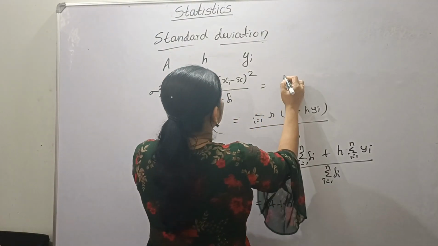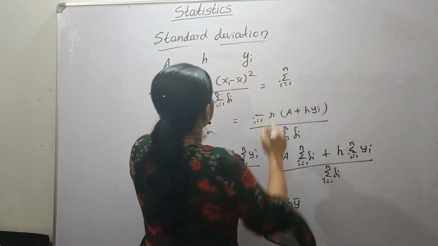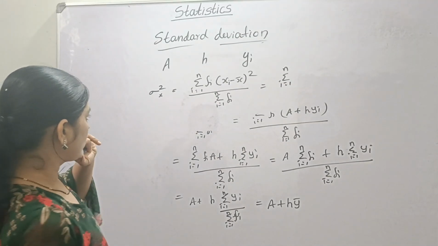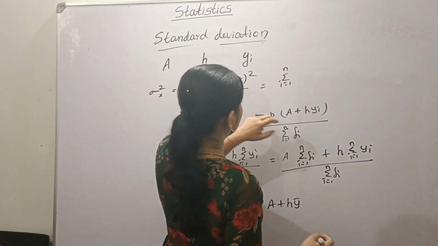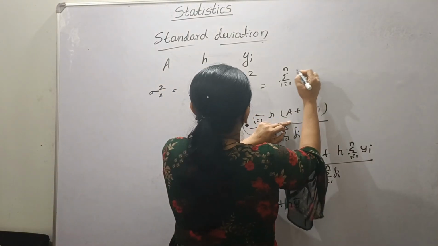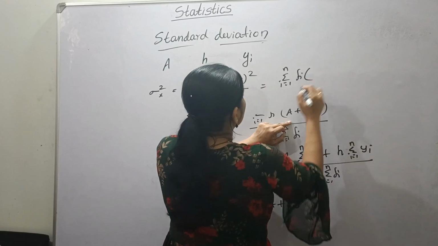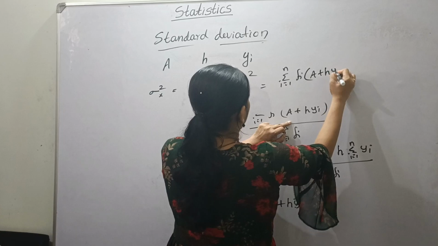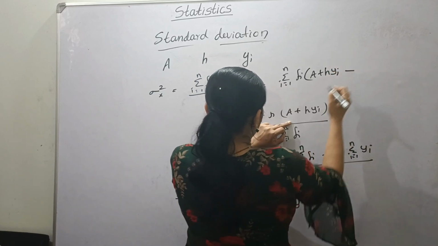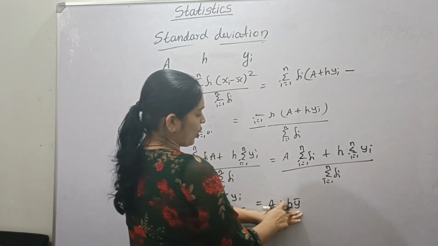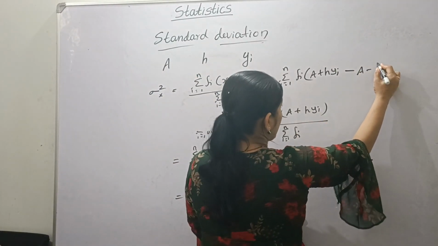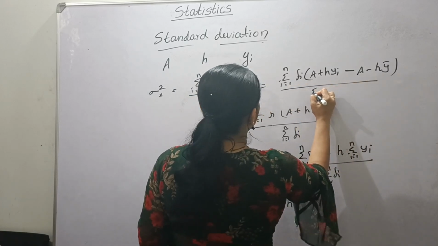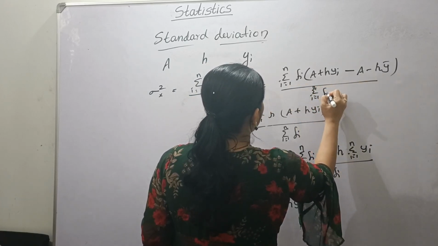That is sigma i equal to 1 to n, and what is xi? Here we have got xi equal to a plus h yi, so fi into a plus h yi minus a minus h y bar, divided by sigma i equal to 1 to n fi.